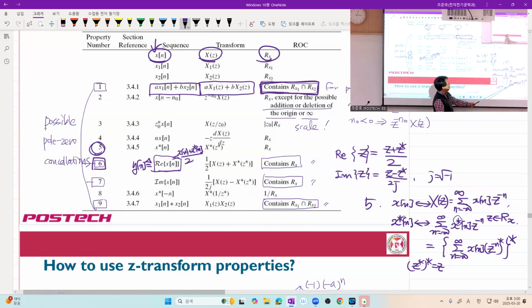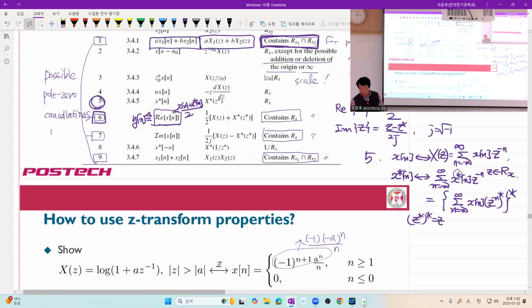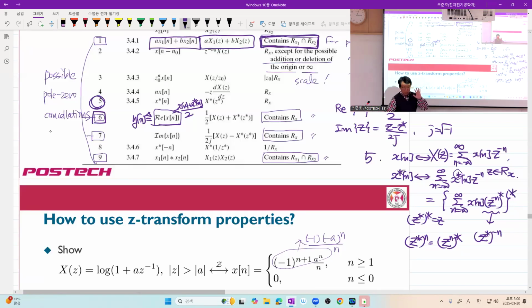And you may wonder, oh, what is this one? What is that one? And one of the properties you learned in high school complex numbers is something like this, as far as n is an integer. So this one can be understood as that one. Got it? Now, what is the relation between Z and Z conjugate?